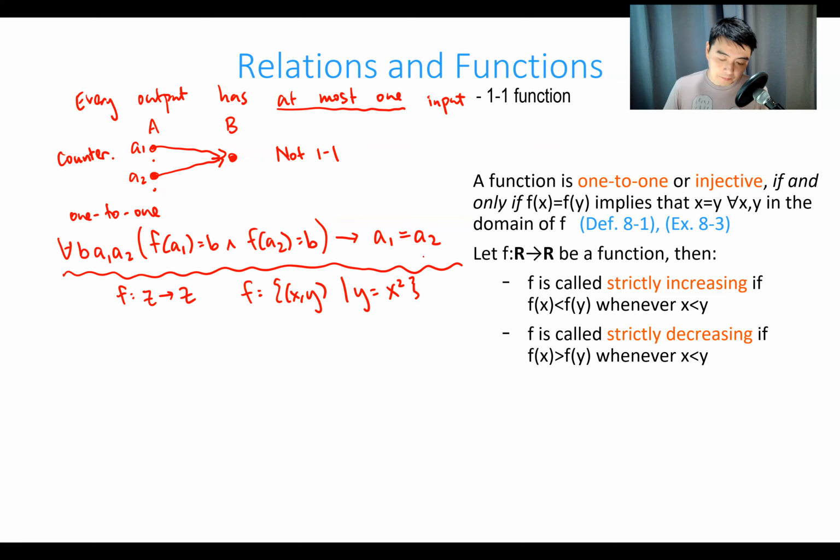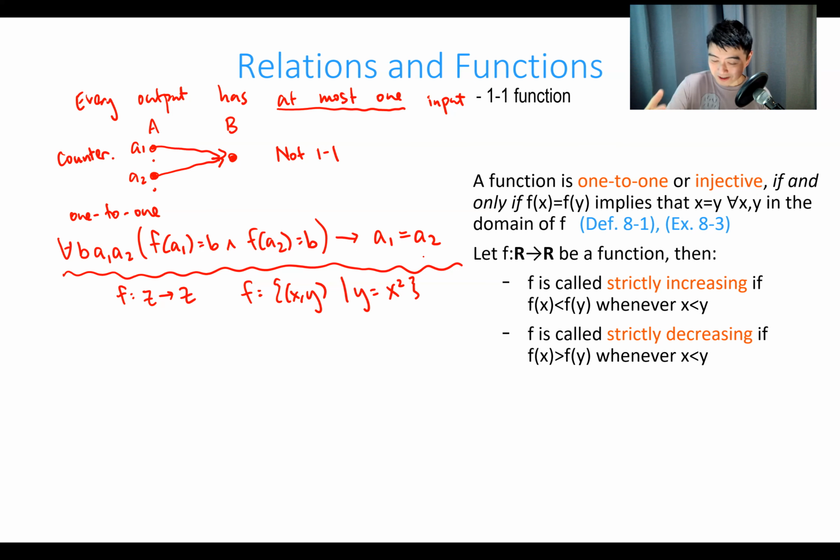Is it one-to-one? I think the best way to figure out whether something is one-to-one or not is to first identify: is it possible to have an output that has two different inputs? In this case, I think there is, because the domain is integers. I do stress this because the domain actually matters.